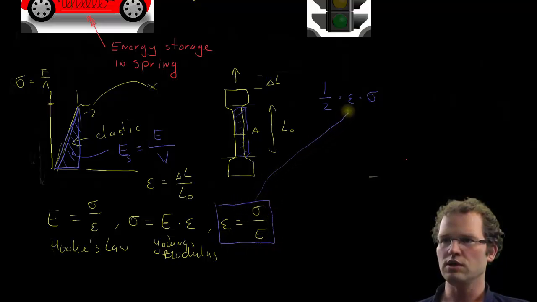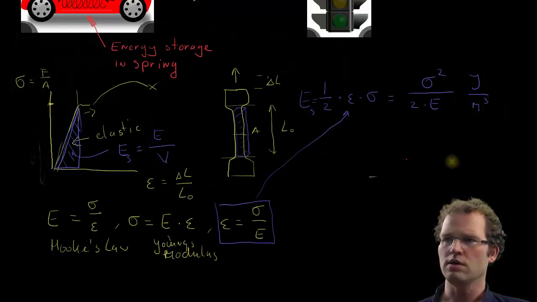So I will put this in the place of the strain, epsilon, and we get the specific energy in the following formula: sigma, the stress, squared, divided by 2 times E. And this is in the unit joule per cubic meter.